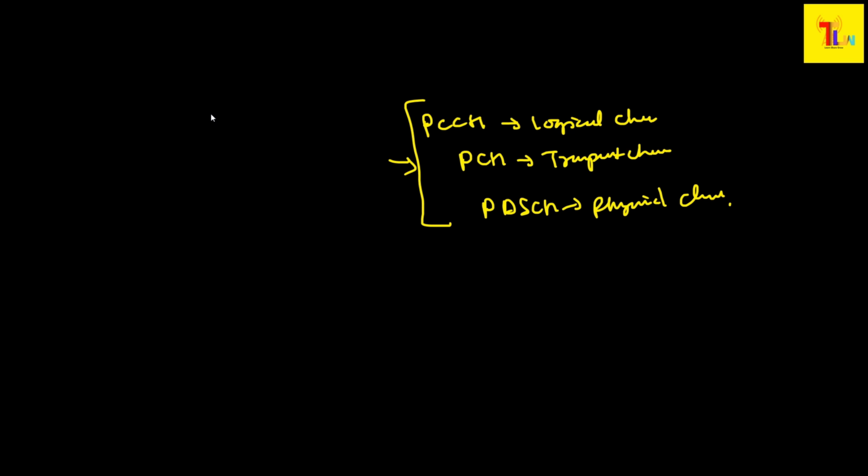So this is all about the paging, the definition of paging, and what a paging occasion is. Then one more thing: how exactly this paging is initiated. It is basically initiated by the MME to the eNodeB. Whenever it is initiated by the MME, the paging will be sent on S1 AP, and there is a proper timer for this.